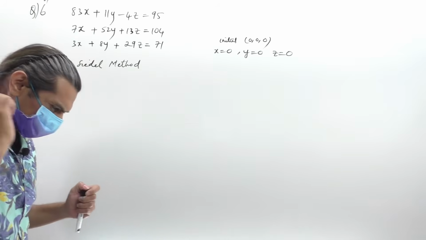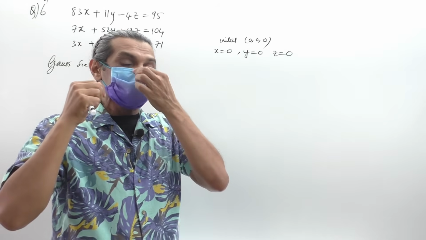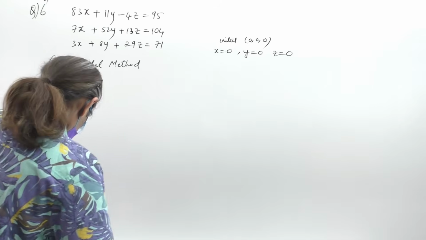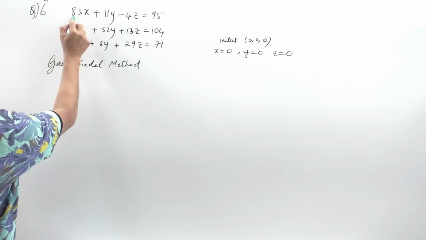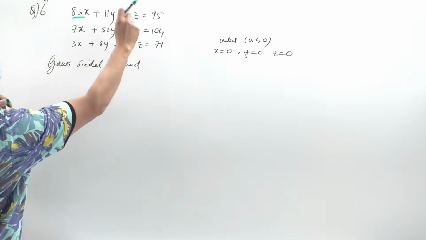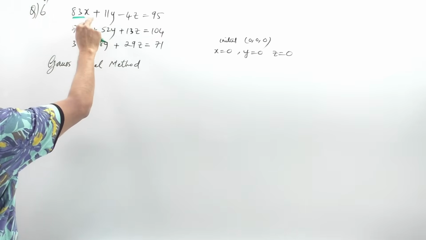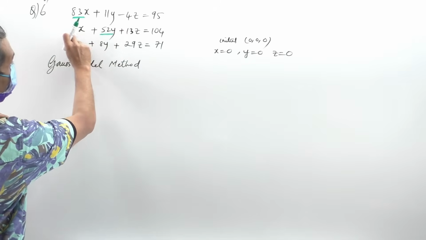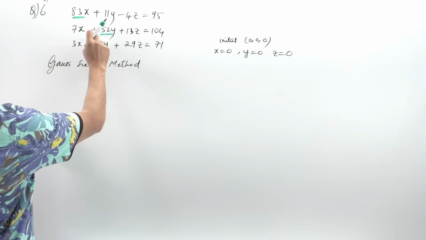So first, the basic condition for applying the Gauss-Seidel method is what? This element 83 should be greater than the sum of this and this. 83 is greater than 11 minus 4. Perfect. The second, along the diagonal, 52 should be greater than 7 plus 13. Obviously, 52 is greater than 20.